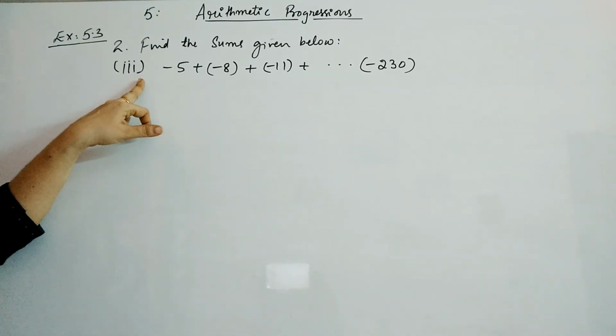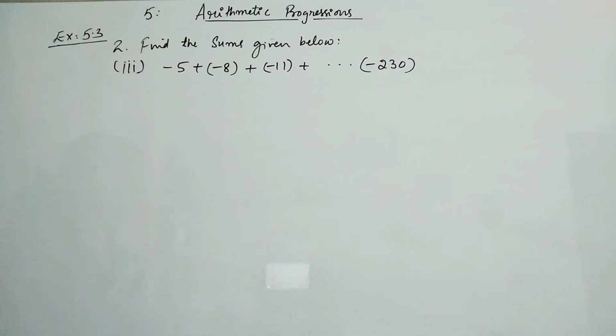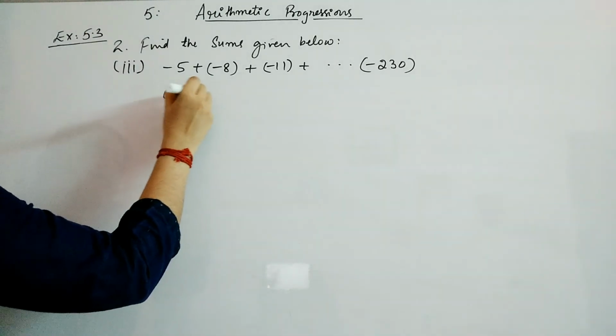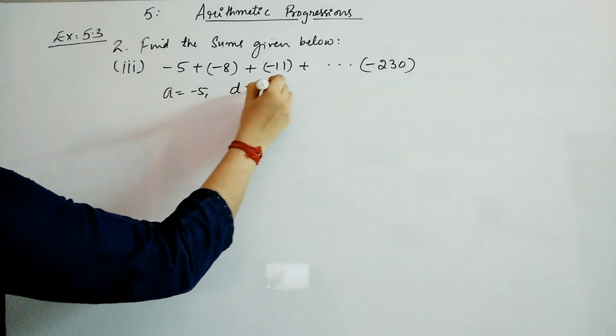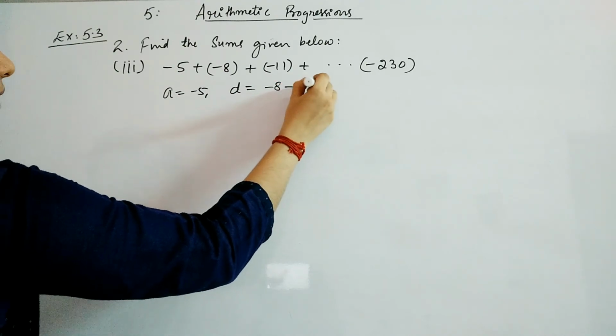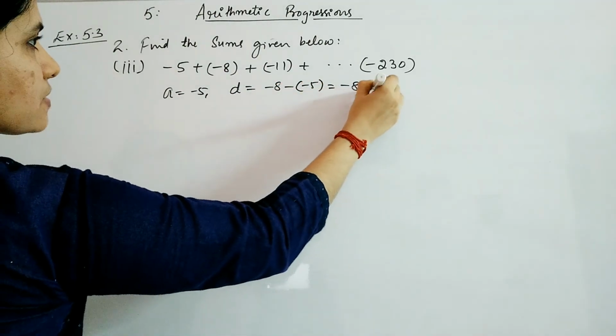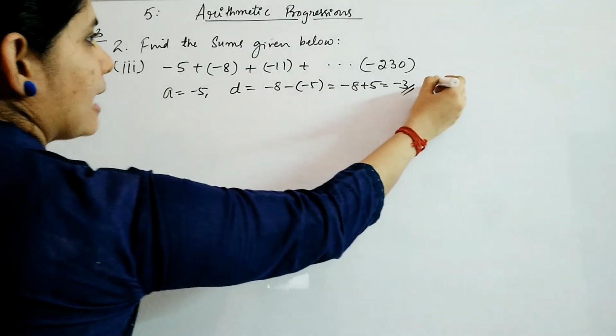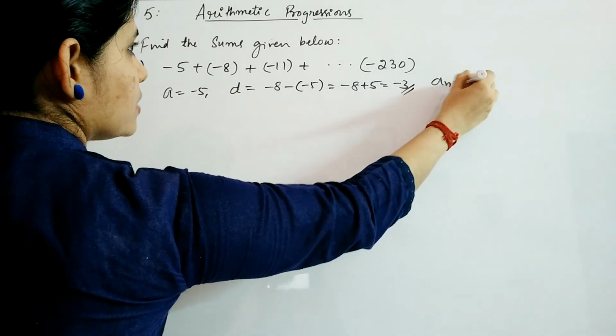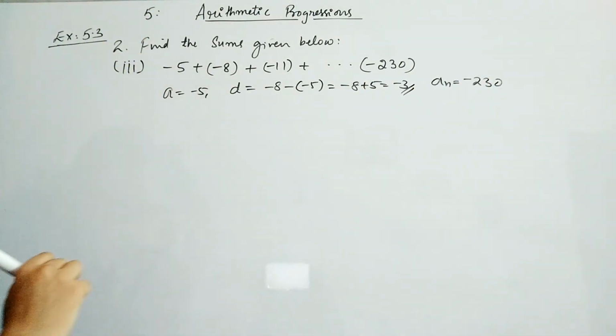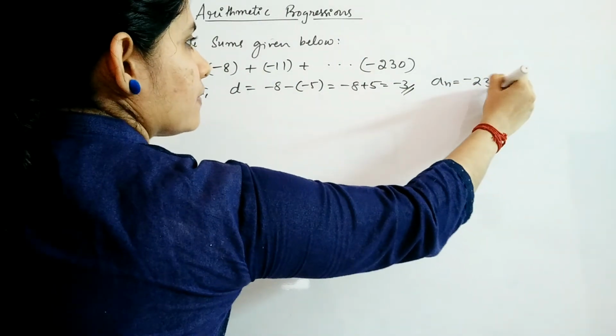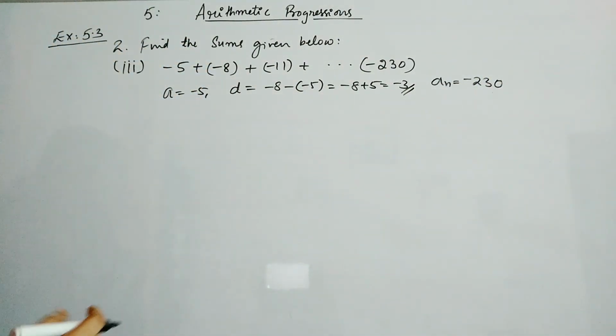Third subdivision of question number 2 is minus 5 plus minus 8 plus minus 11 plus etc. plus minus 230. So your first term A is minus 5, D is minus 8 minus of minus 5, so it is minus 8 plus 5, which is minus 3, and An is equal to minus 230. So we will start with An. Why? Because we don't know what n is equal to.